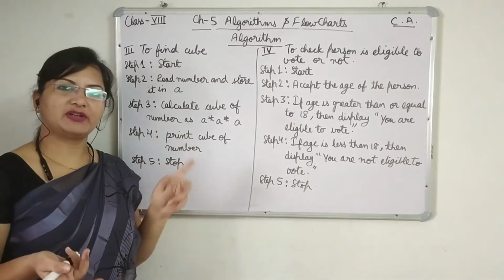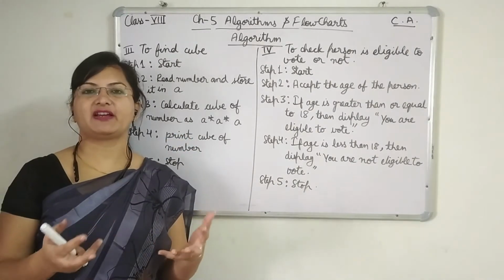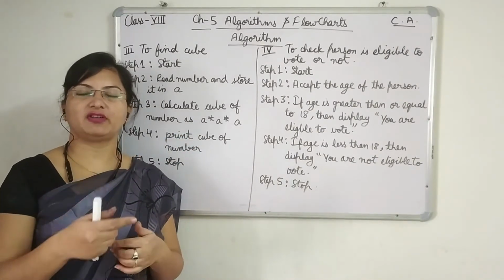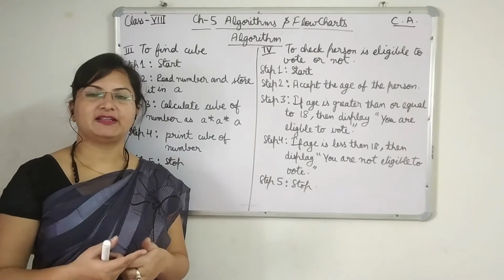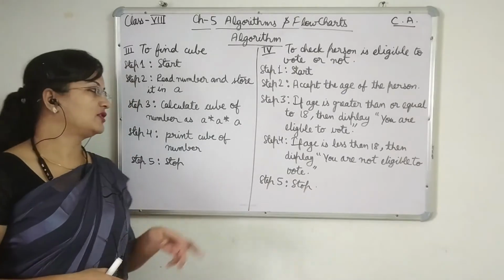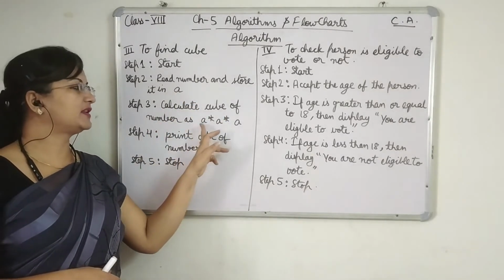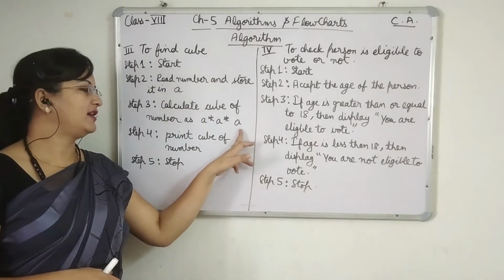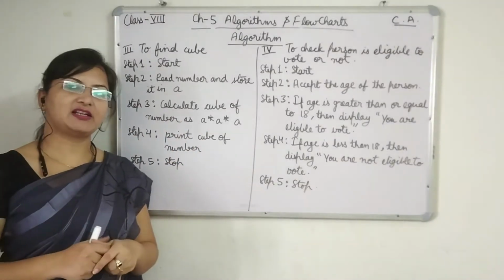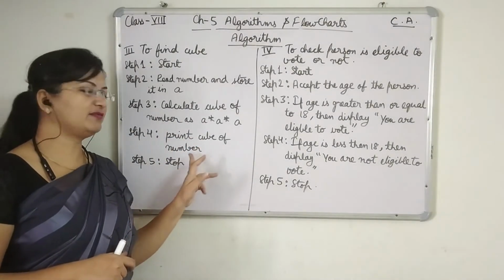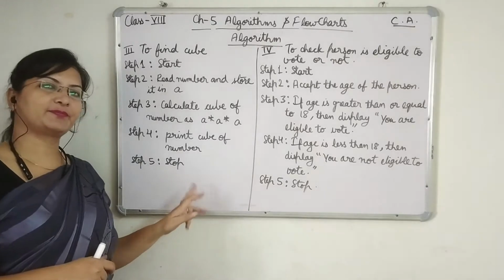If we have the number, like if we have 3. So 3 into 3 into 3 we have to multiply. Then we will get 27 answer. So after reading a number, calculate the cube of number a into a into a. Okay, that means we will get the cube, we will print the cube of the number and then stop.